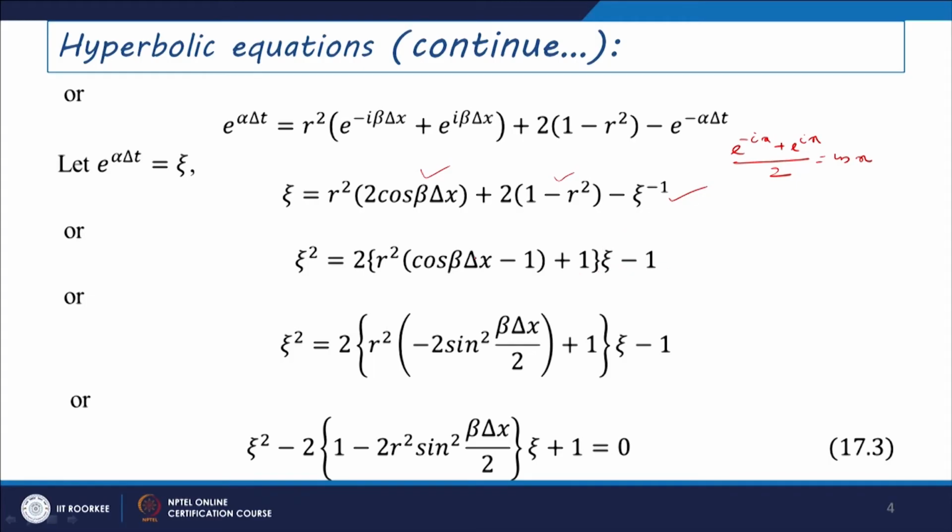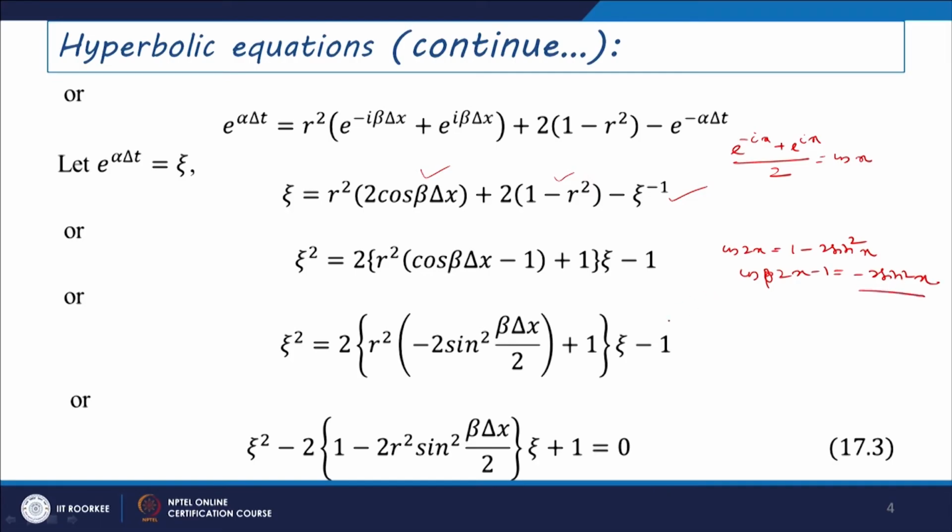And if you linearize once more, then zeta square equals 2 into r square. Usually you know that cos 2x can be written as 1 minus 2 sin square x. So, cos 2x minus 1 is minus 2 sin square x.